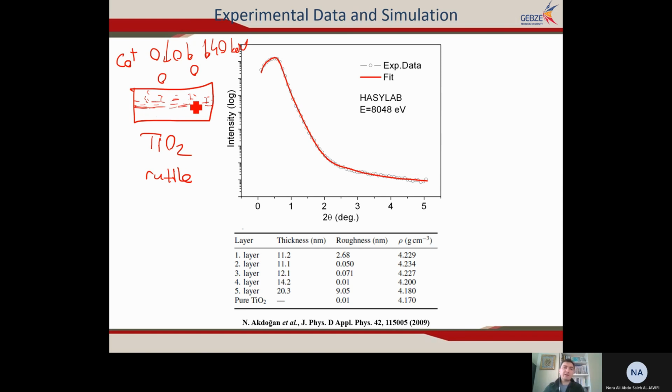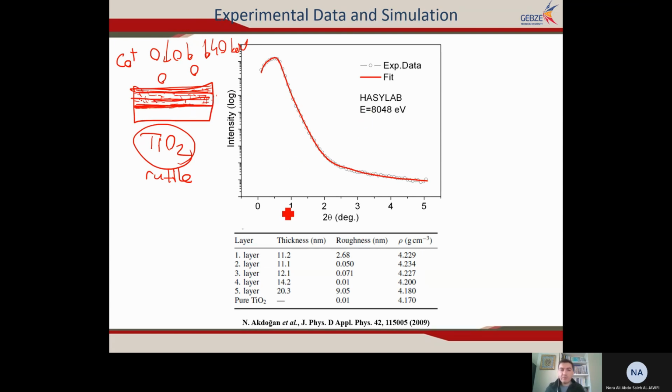But depending on the depth in the titanium dioxide from the surface, we have different concentrations. Here we have a different concentration of the cobalt, here a different concentration of the cobalt, and here a different concentration of the cobalt. Since some cobalt atoms enter into the titanium dioxide, we will have different electron densities in this region, okay?